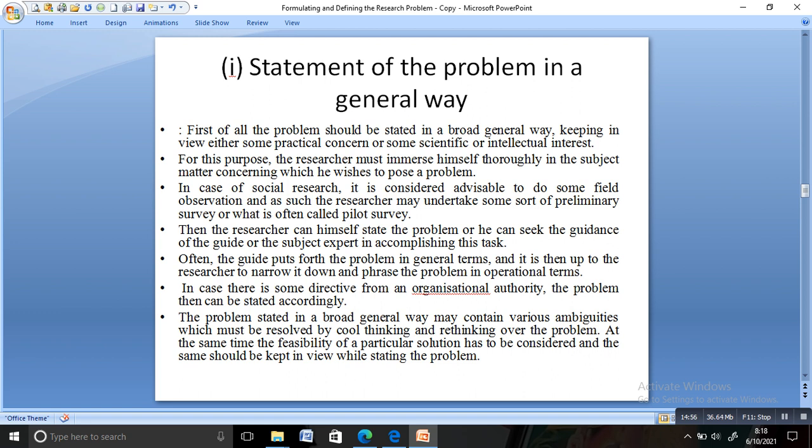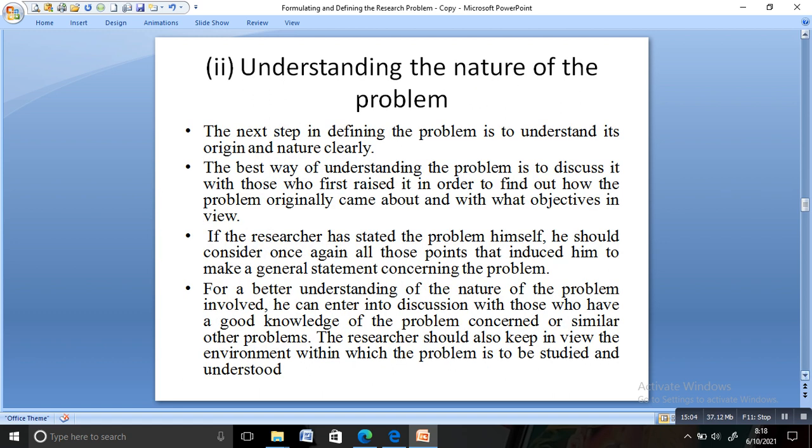Next, you should understand the nature of the problem. The important thing is to understand the nature of the problem, and for that you should have some objectives. The broad area I have chosen is anti-cancer studies, either pharmacological evaluation, formulation, or synthesis.